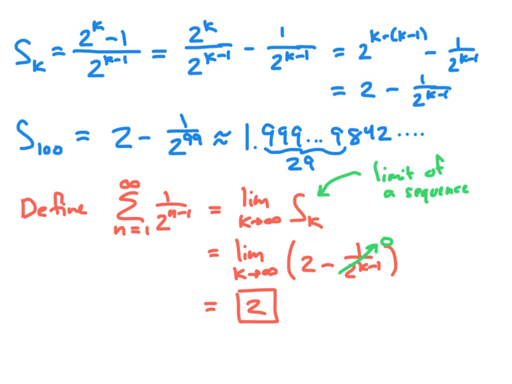And so here we're going to define the sum of our given series to be exactly 2. So even though it's impossible to physically add up the infinitely many terms in our sum, by looking at partial sums, which are just finite sums, which are easily computed, and then taking the limit as we get further and further out in the partial sum sequence, this gives us an approach to defining the exact value of the sum of a series.